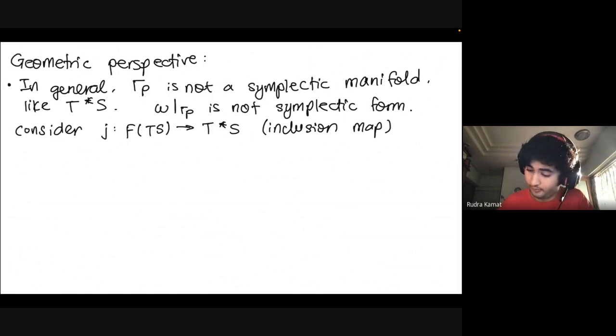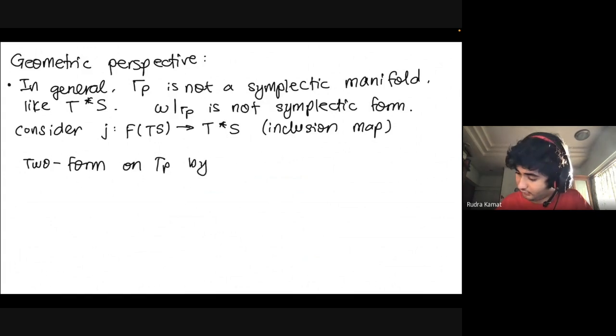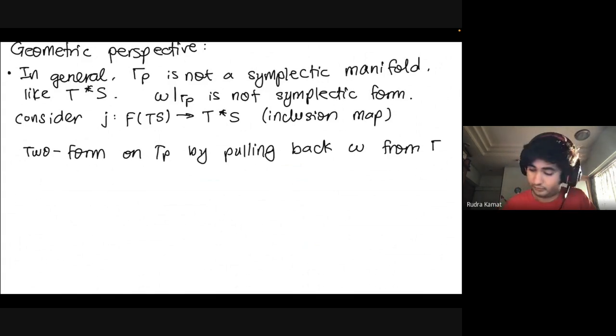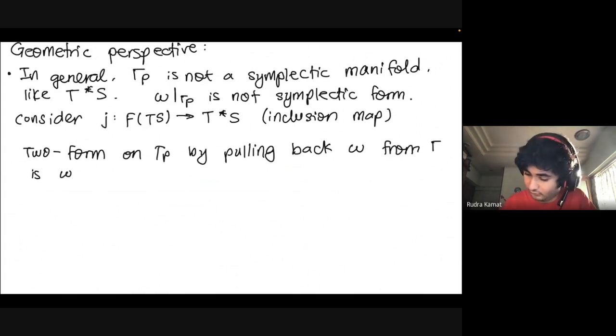Now the two form that we have on gamma sub p, by pulling back the symplectic form omega from the whole of gamma, is omega sub p equals j pullback omega.